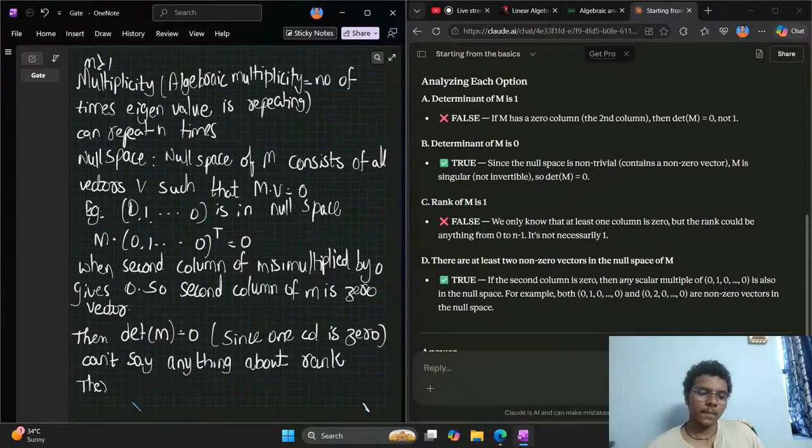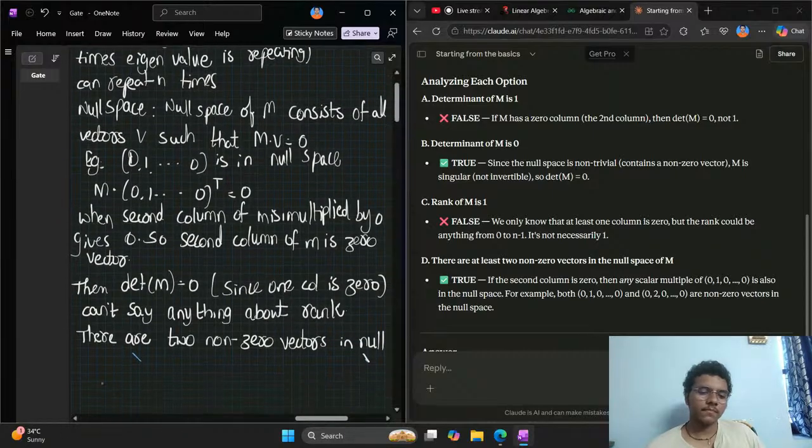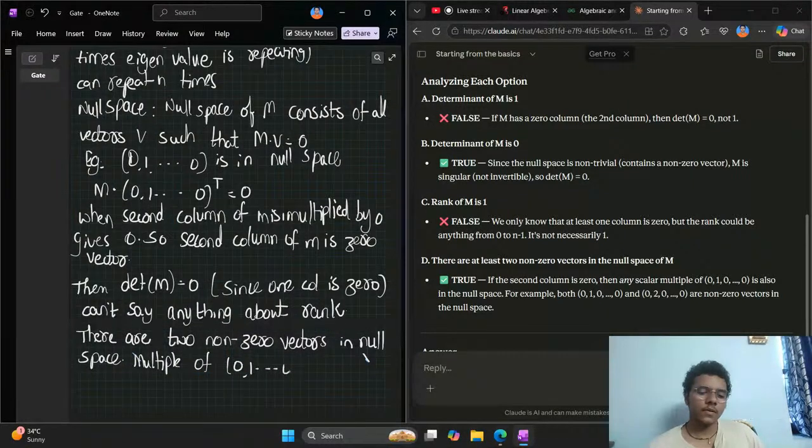There are two non-zero vectors in the null space. A multiple of 0, 1 is a null space vector.